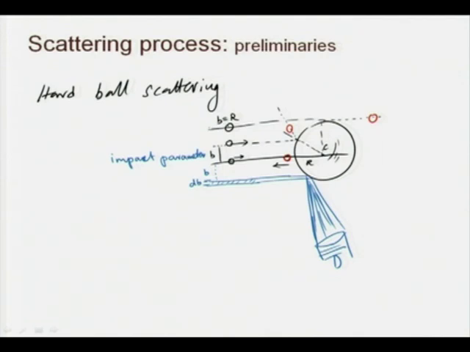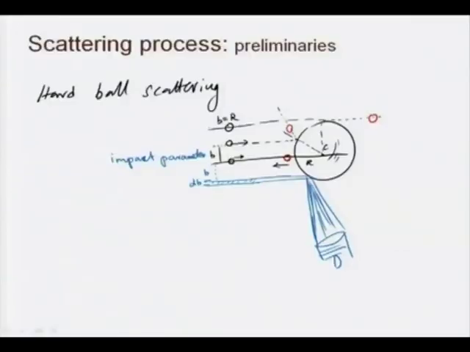Essentially, the idea that I want to convey is that depending on the impact parameter, the beads will scatter with different angles, and if you consider some small band of this beam of beads, after scattering they will go into a particular cone, and if you put a detector in the way of the cone, then you will receive all of them.